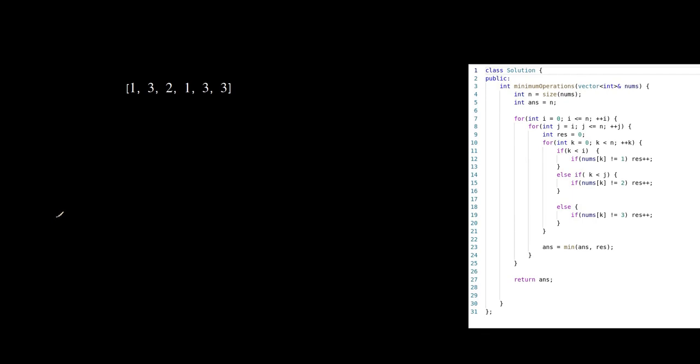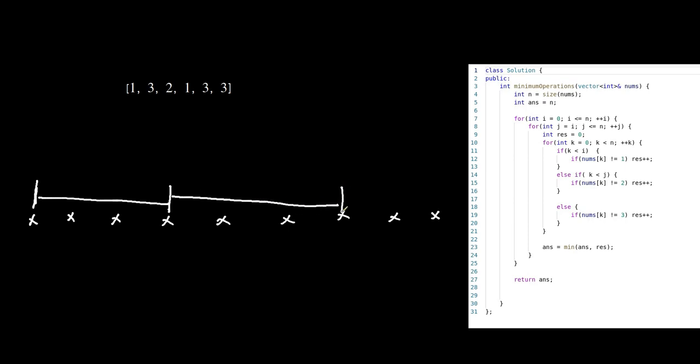To do that, assume we have an array that has some numbers. The idea is we want to divide this array into three parts. This is the first part, this is the second part, and this is the third part.